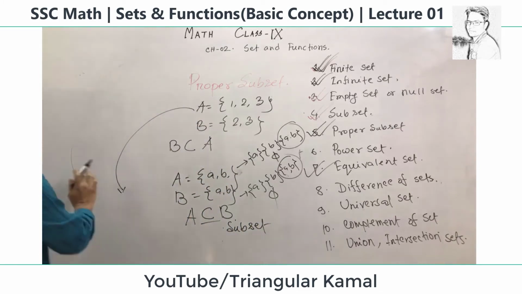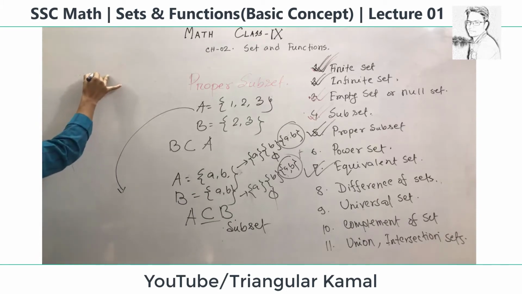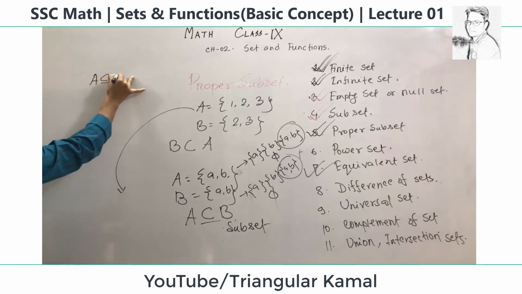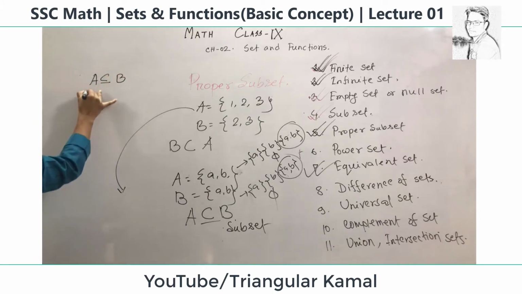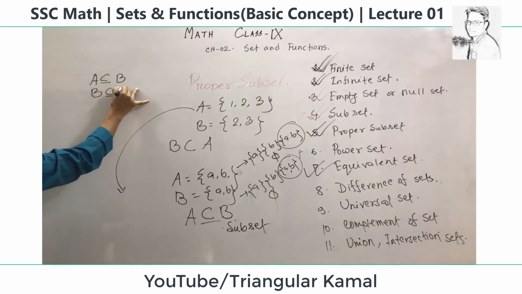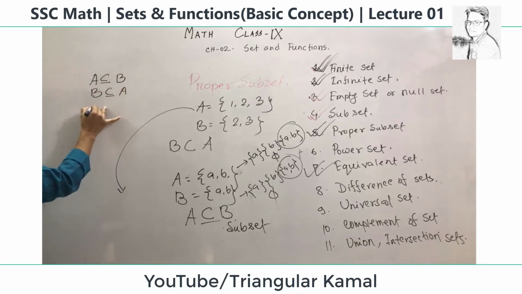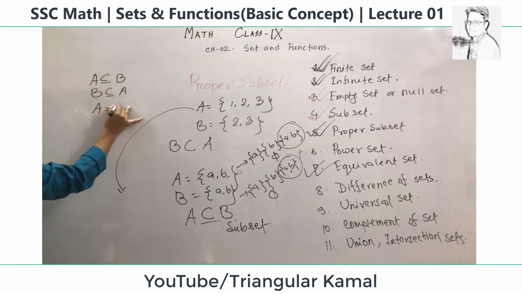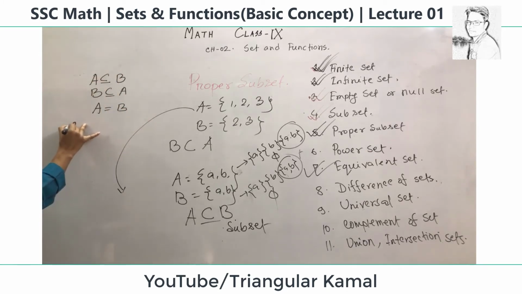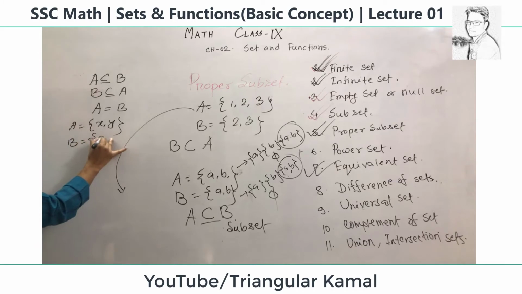But if A is a subset of B, and B is also a subset of A, in the two conditions we can write A equals B. They are equivalent. For example, A is XY and B is also XY.